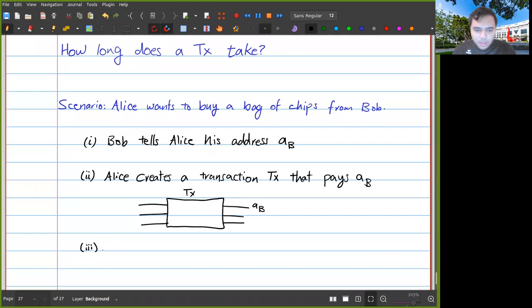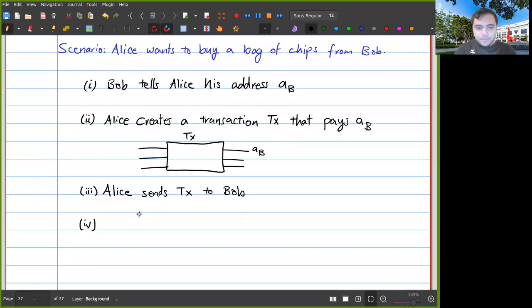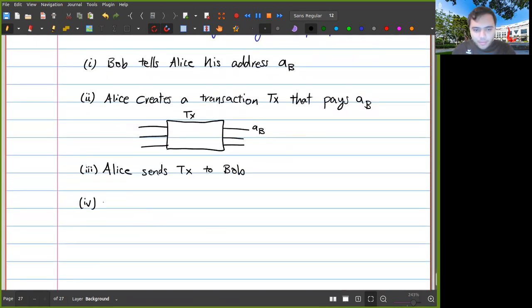So let's say that Alice sends this transaction to Bob, and let's just assume that Bob publishes the transaction on the net.